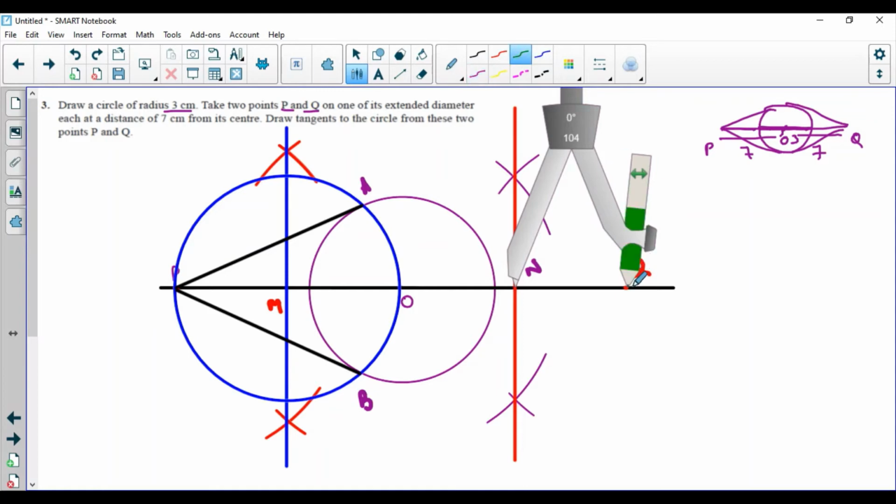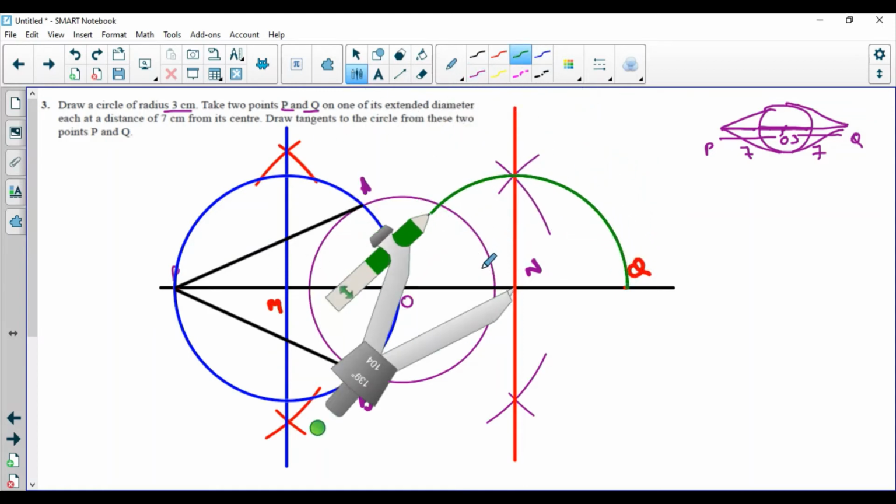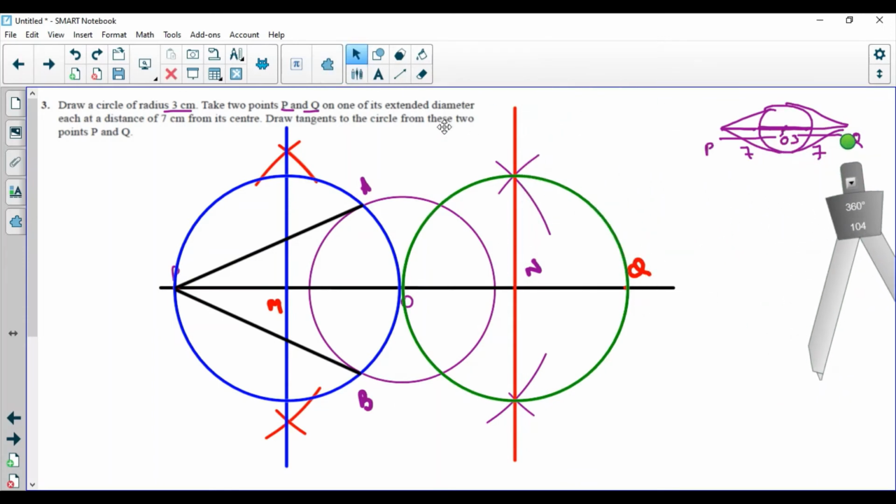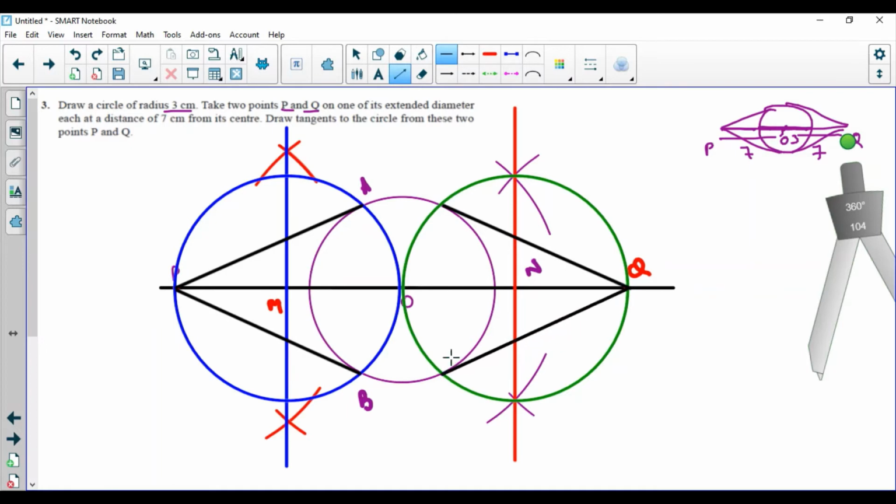So this is our required circle. Now from point Q, we have to draw the tangents to the given circle. So this is one tangent, this is one tangent. Let these points be C and D. So this is the required construction.